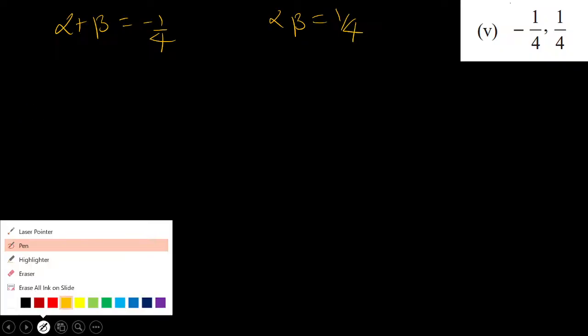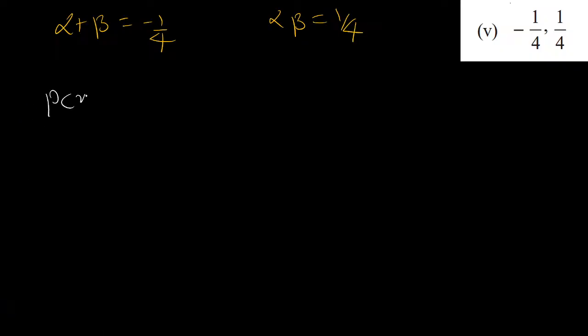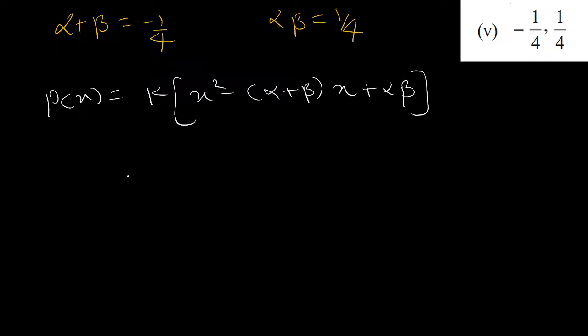Next question. Alpha plus beta is equal to minus 1 by 4 and alpha beta is equal to 1 by 4. We'll write down the expression k times x square minus (alpha plus beta) x plus alpha beta.